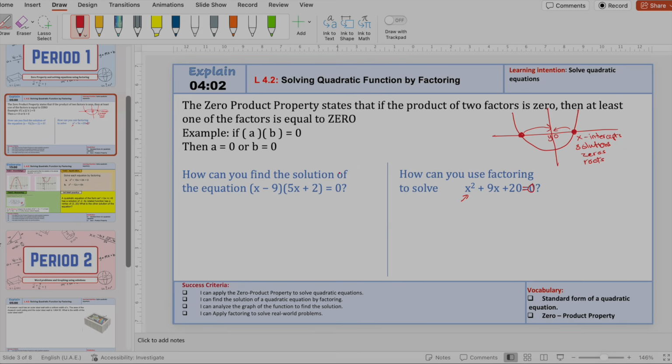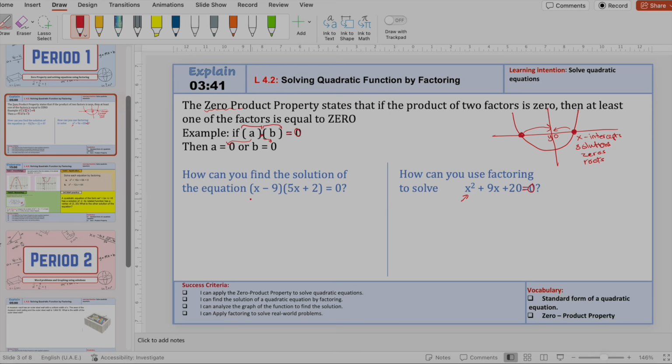How does it work? I'll start with a very nice property. It's called the zero product property. It states that if you have two numbers or two terms multiplied by each other and the answer equals 0, then either the first one is 0 or the second one is 0.